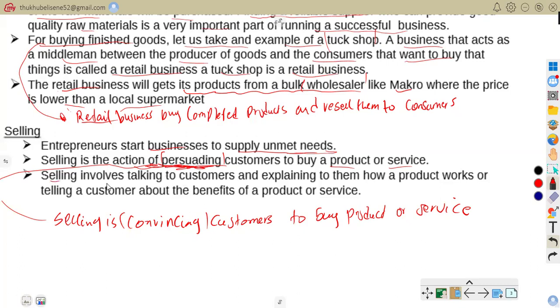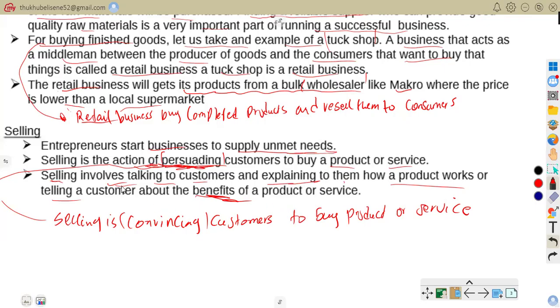And also it says selling involves talking to customers and explaining to them how a product works and telling customers about the benefits of a product. Meaning, you explain product benefits.